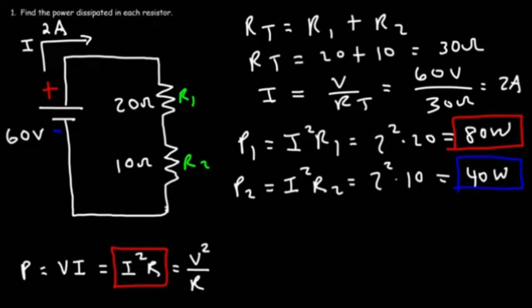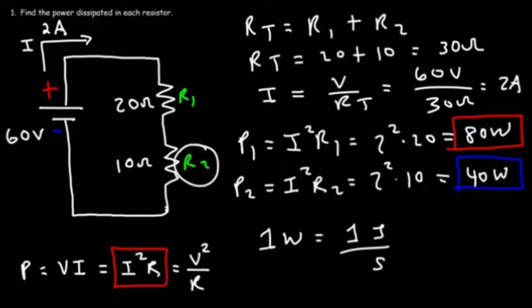So let's think about what that means. Power is the rate at which energy is delivered to a device or to something. A power of 1 watt means that 1 joule of energy is delivered each second. So in 10 seconds, 10 joules of energy is being delivered.